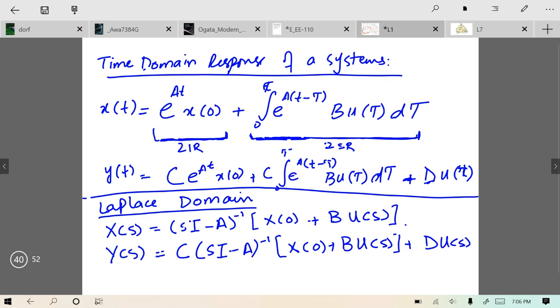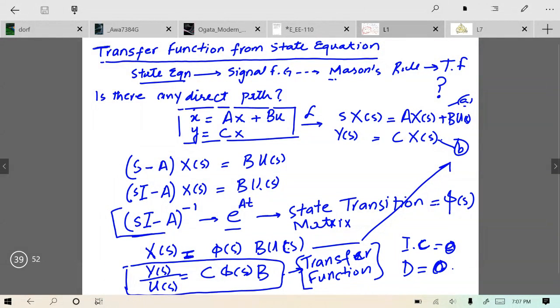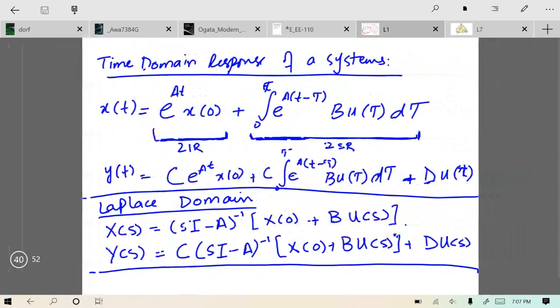If your matrix D is not 0 and if you have initial conditions, then y of s has this form. For initial conditions equal to 0 and for D matrix equal to 0, your y of s has this form: C phi of s b into u of s.